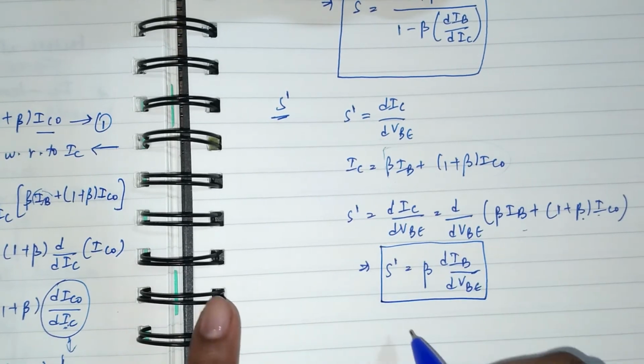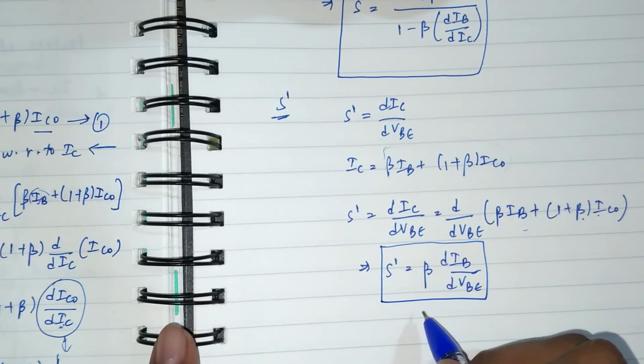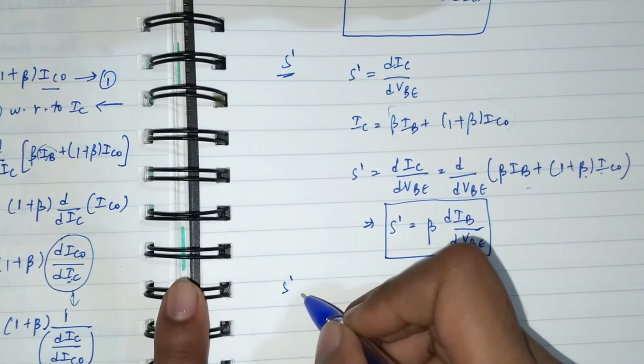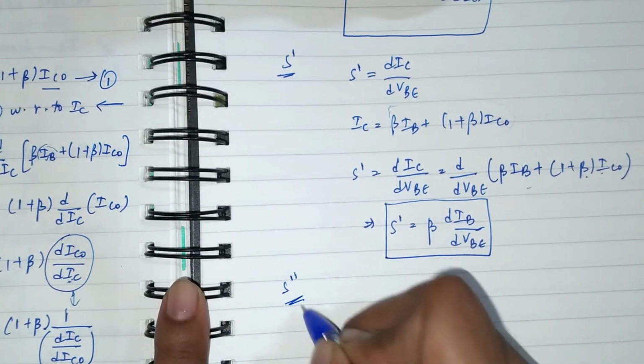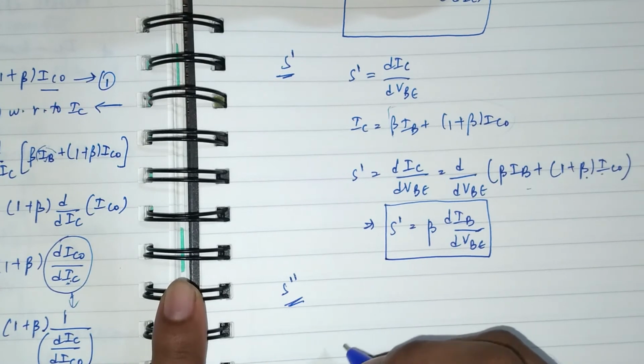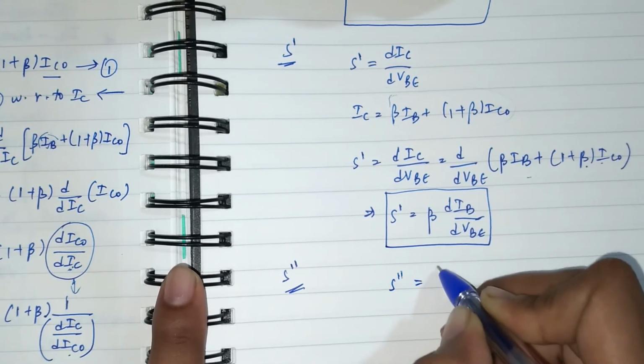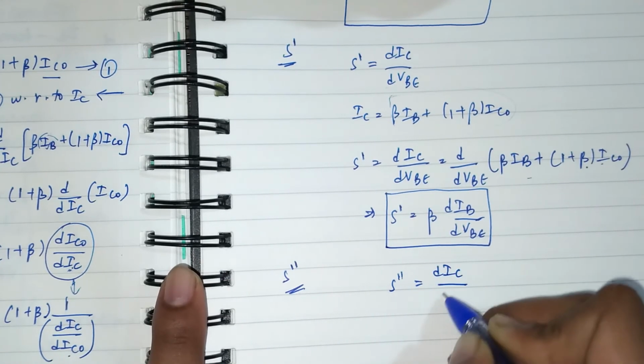We have derived the expression for stability factor S dash, and now we are going to derive the stability factor S double dash. We know that the stability factor S double dash is defined by dIC by d beta.